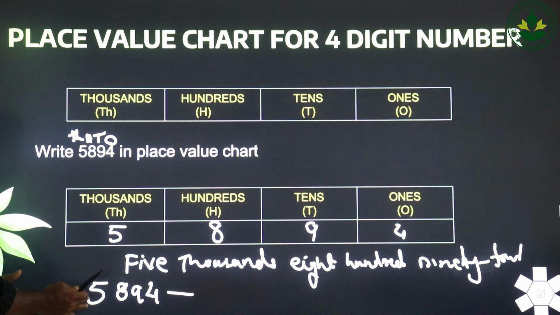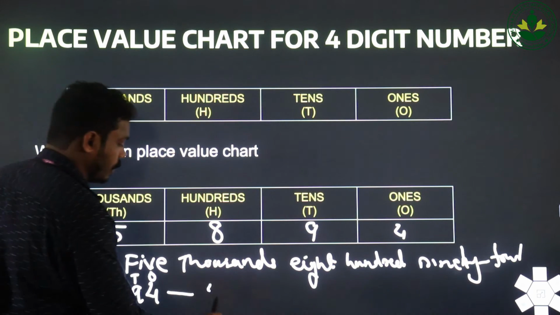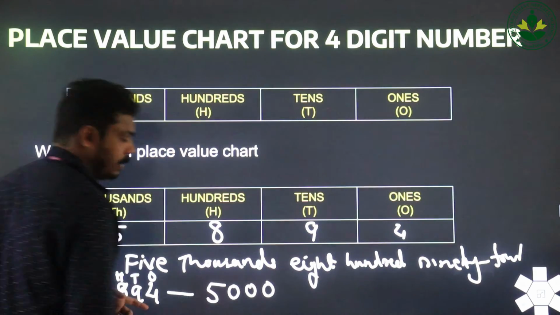First look at the place values: ones, tens, hundreds and thousands. The first digit is 5 and its place is thousands, so write 5000.